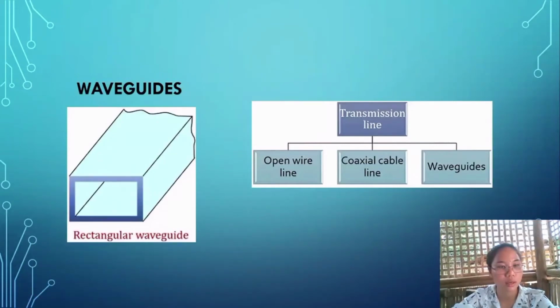Rectangular waveguides, this category of transmission line, are used for signal transmission at microwave frequencies.